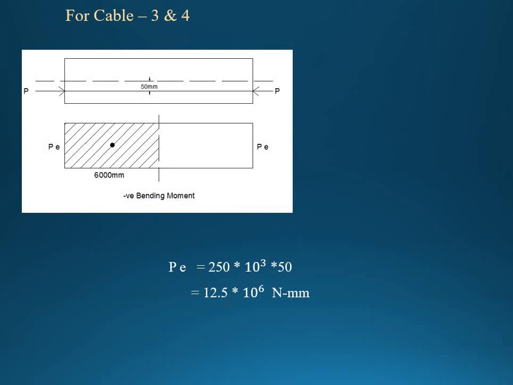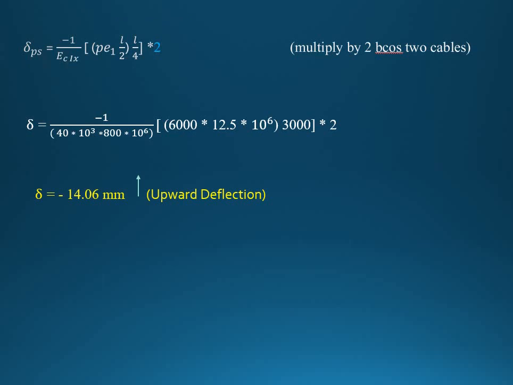P equal to 12.5 into 10 power 6 Newton mm. For this, how much is the deflection due to pre-stress? It is minus 1 by EC into IX into area of the rectangle into centroidal distance of it into 2. This 2 plays an important role, and I have written it, multiplying by 2, because 2 cables are there.